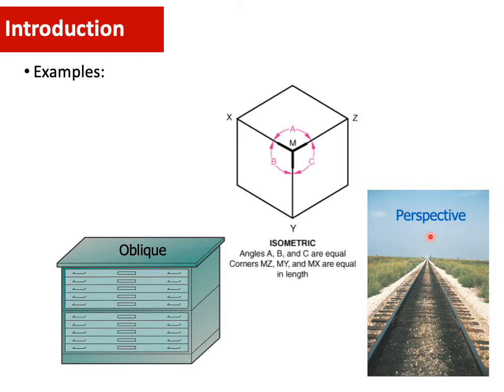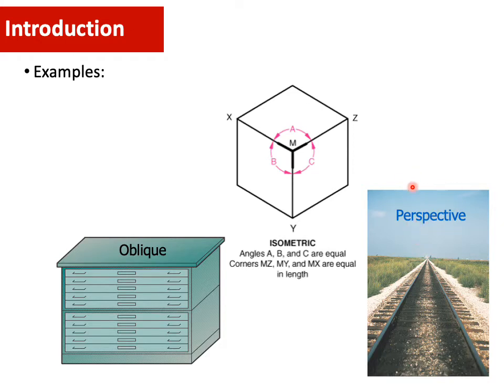So we replace it as a point, because it's too far away to see, so we change it to a point. That's the example for perspective.